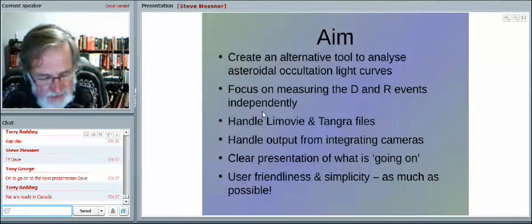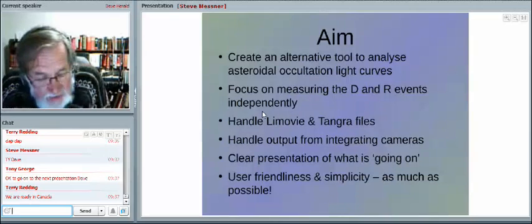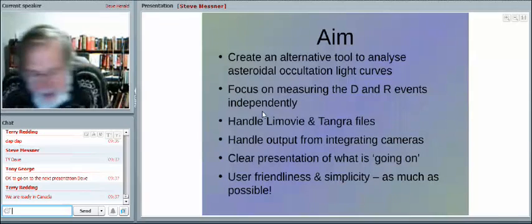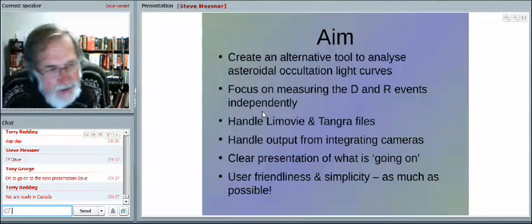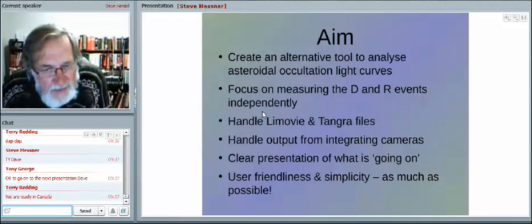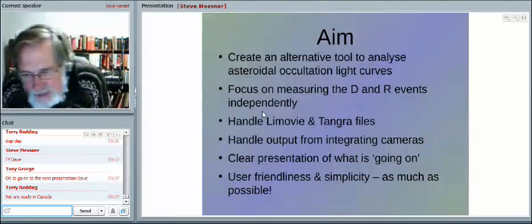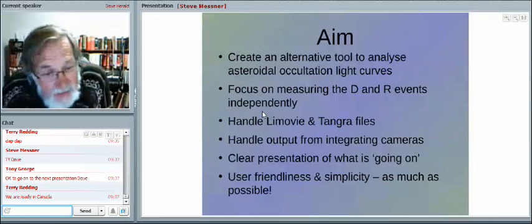The value of having things independent is that where the results are a little bit different, then you've got a firm basis to start looking at the two outputs that you're getting, comparing them, and then trying to figure out why they are different.